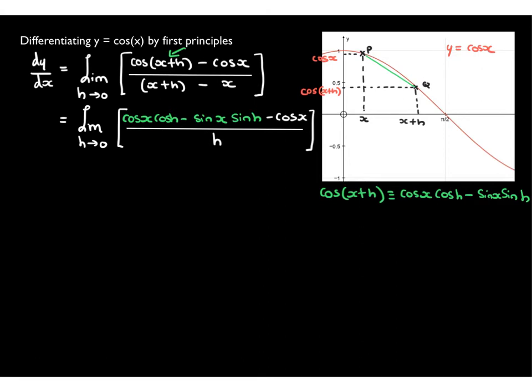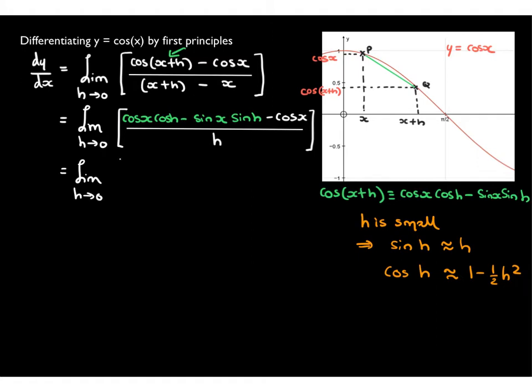Now, remember, h is small, which allows us to use the small angle approximations, that sin h is approximately h, and cos h is approximately 1 minus a half h squared. So we have the limit as h approaches 0.